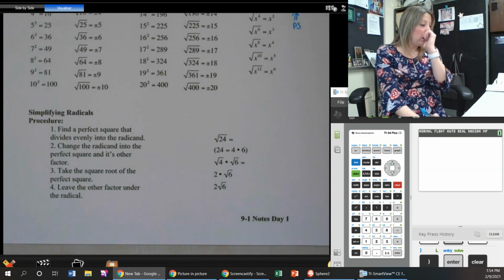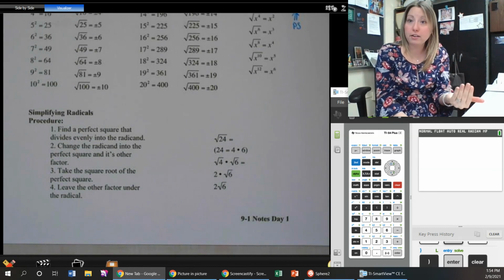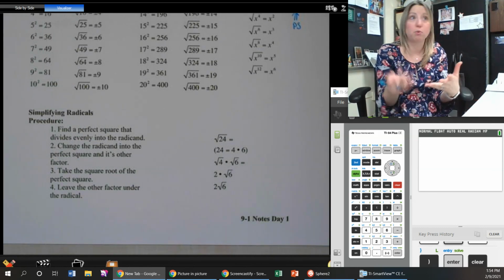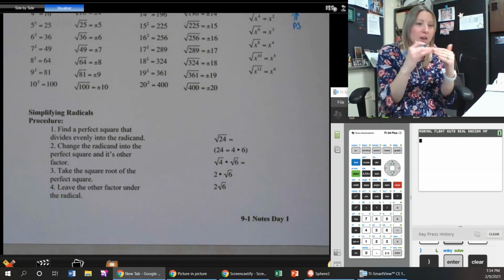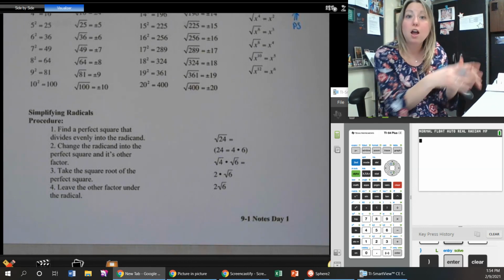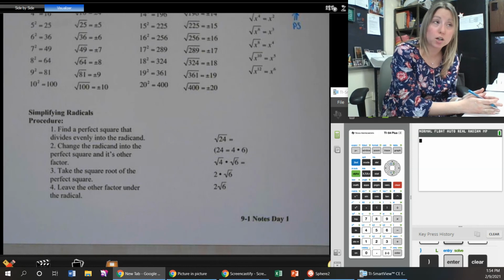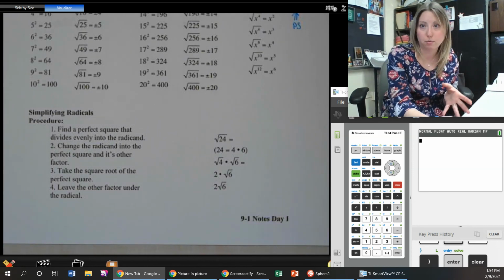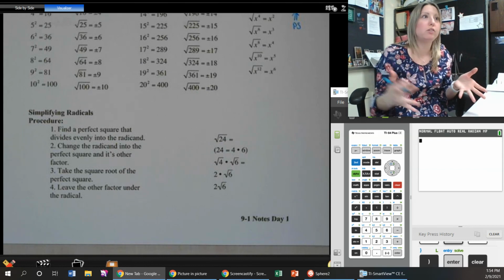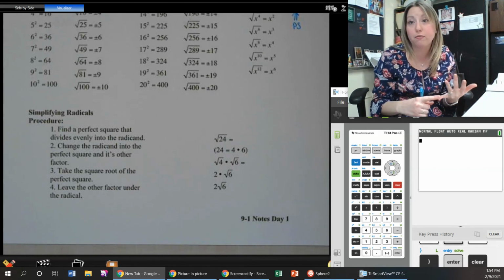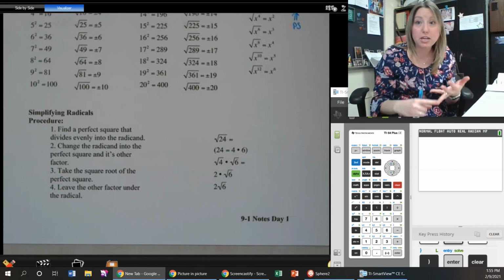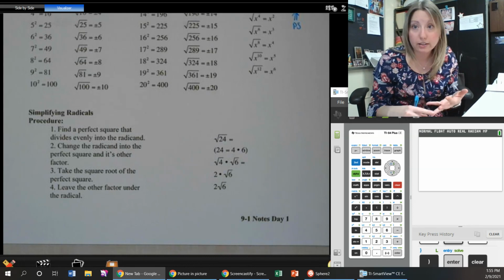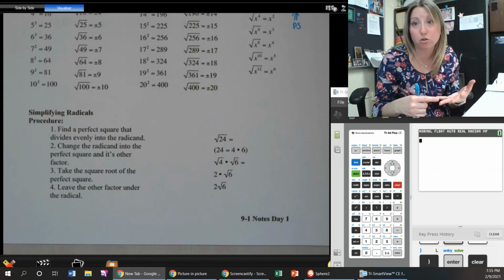Okay, so let me walk you through simplifying the square root of 24 first, then I'll throw out another example, and then we'll do more practice together, and then practice the homework so that we can be ready for more practice tomorrow. Because really the best way to do this is to A, have your perfect squares memorized, and B, practice simplifying, because you're just going to have to be able to do it.